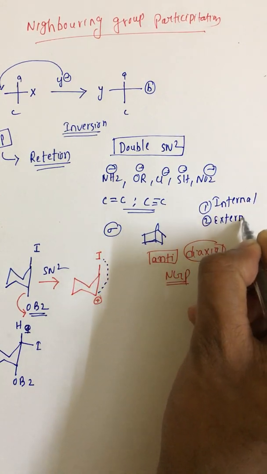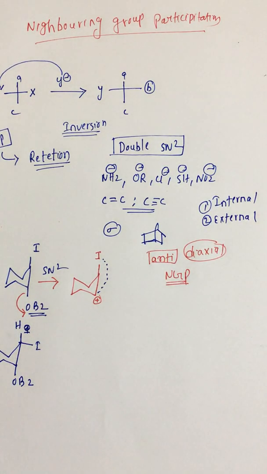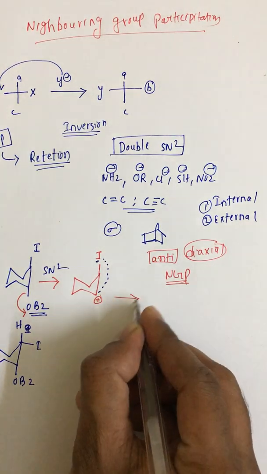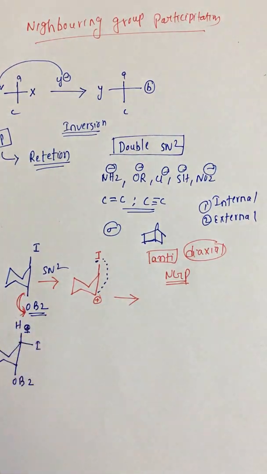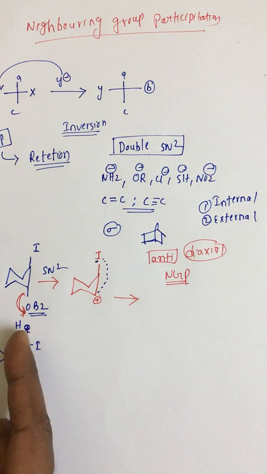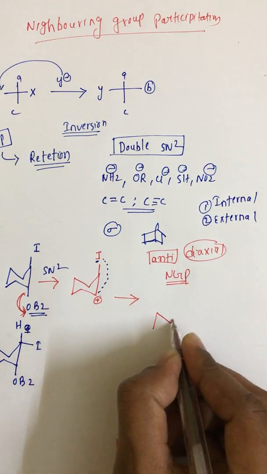In the first step, the internal nucleophile comes and attacks the carbocation, and here the internal nucleophile is the iodine. The leaving group is going from the axial position. That means since it's an SN2 reaction, it has to come from the opposite direction, so it comes from the equatorial.